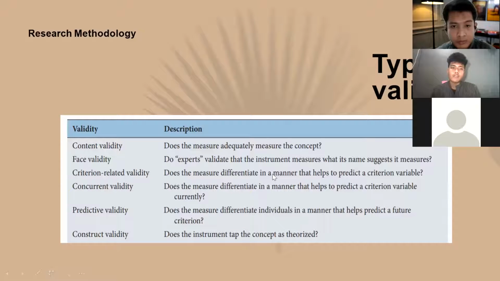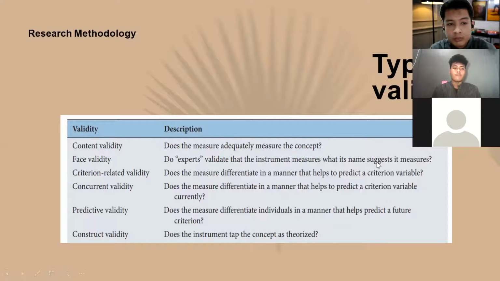Second, face validity: the experts validate that the instrument measures what its name suggests it measures. Criterion-related validity: does the measure differentiate in a manner that helps to predict a criterion variable? Concurrent validity: does the measure differentiate in a manner that helps to predict a criterion variable currently?